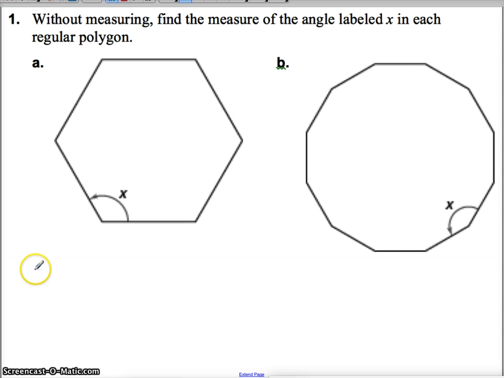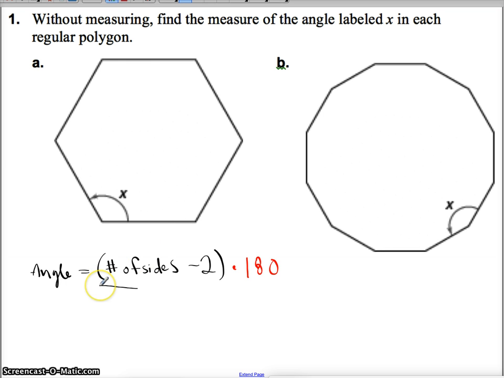and we said that the angle is equal to the number of sides minus 2 times 180 degrees divided by n, or again, the number of sides.